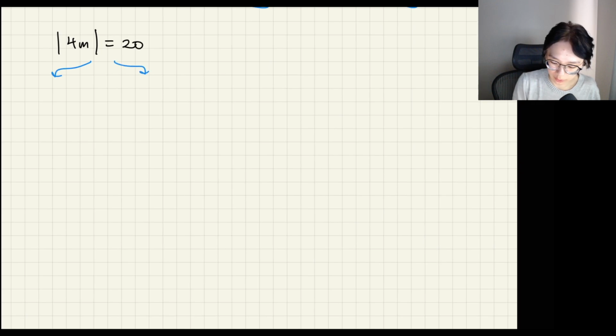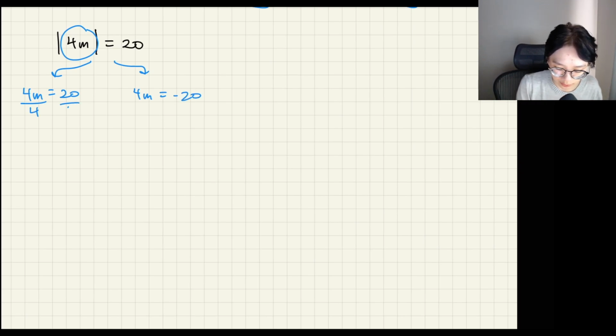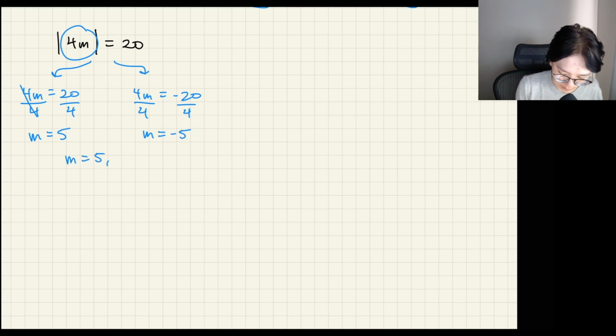Split it up into two different equations, one equal to the positive version of the right side, and one equal to the negative version. Same exact stuff. 4m is the same thing as 4 times m, so you divide, those cancel. M equals 5 over here, divide by 4, divide by 4. M equals negative 5 over here. So m equals 5, comma negative 5.